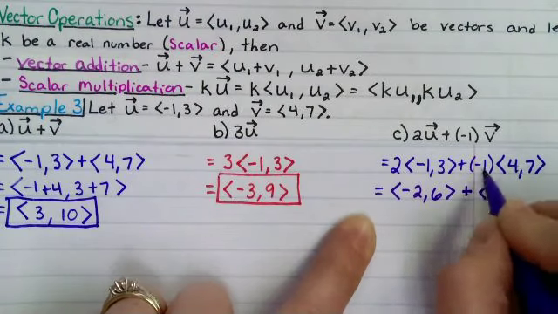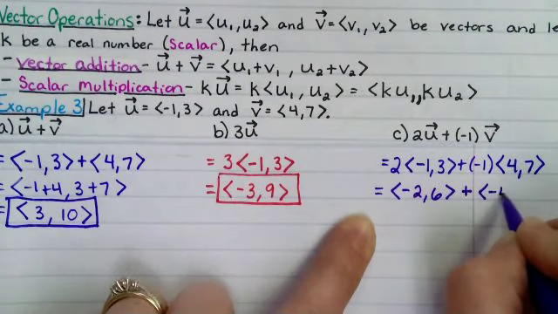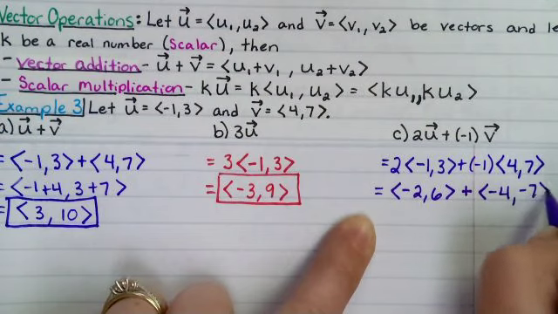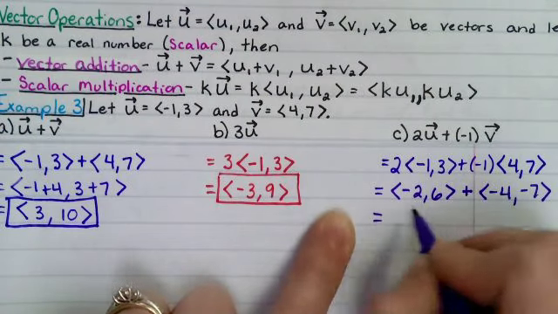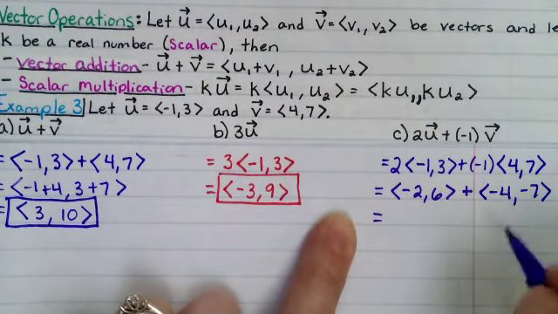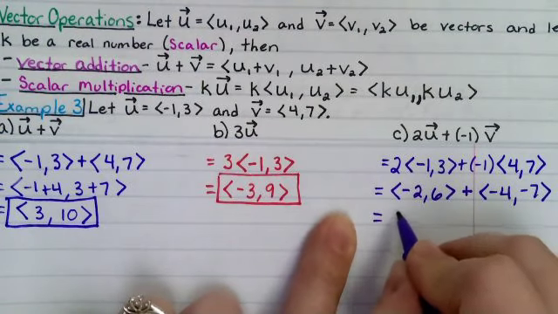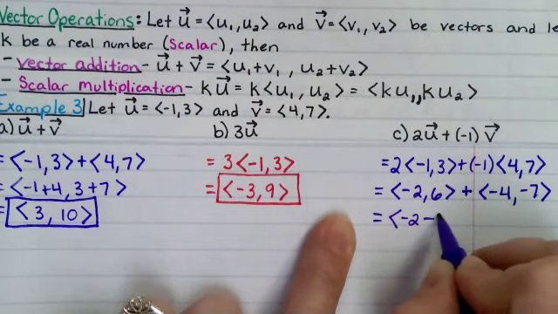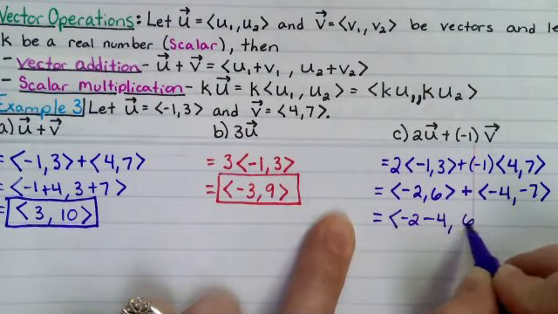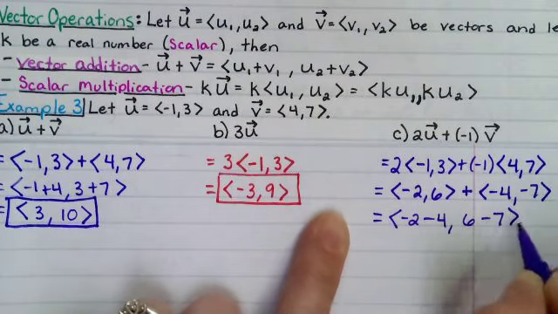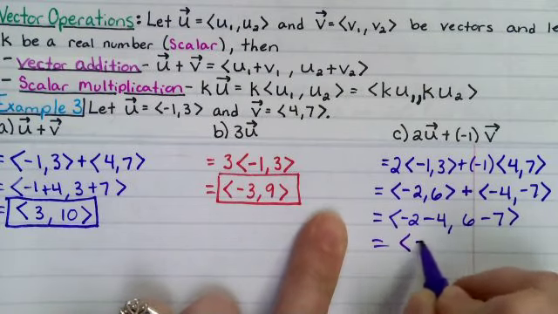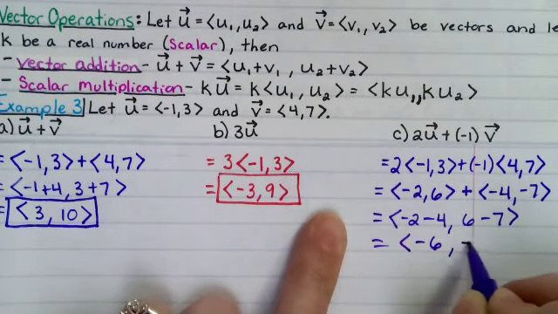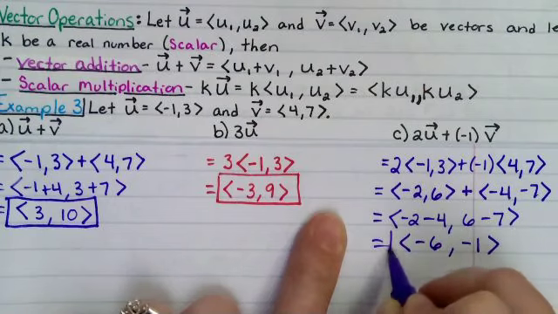We're going to distribute the -1 through here, which is <-4, -7>. And then we're going to combine our x's and combine our y's. So again, you can write it in multiple steps if you want. This is -2 minus 4, 6 minus 7. So we get -6, we get -1.